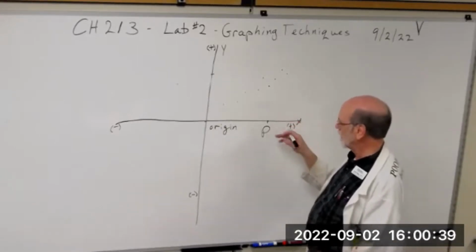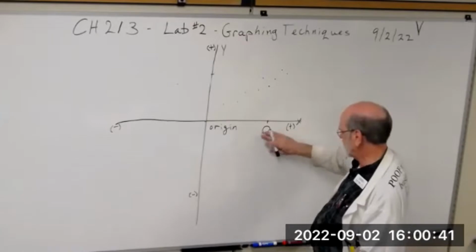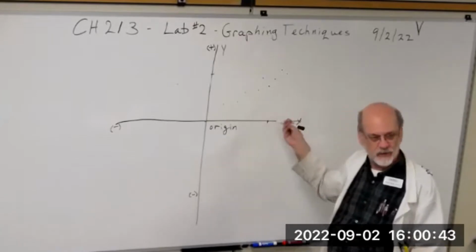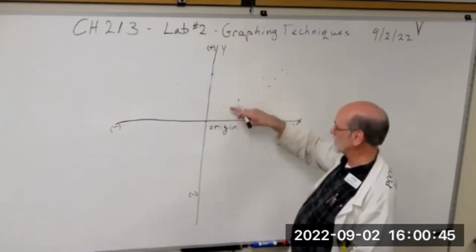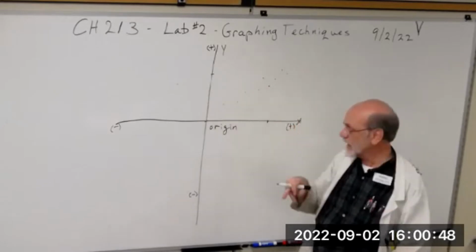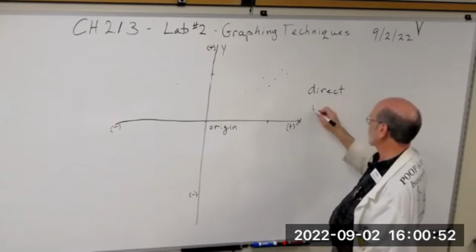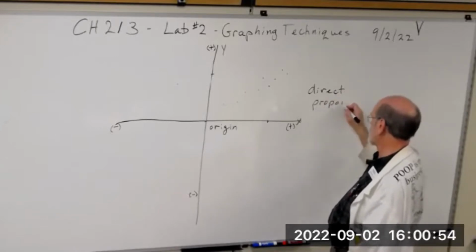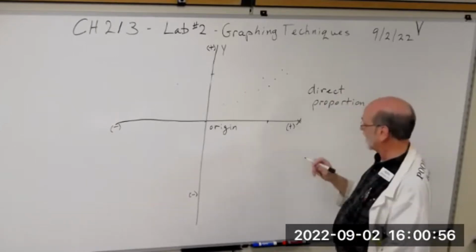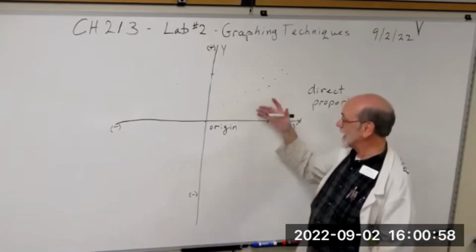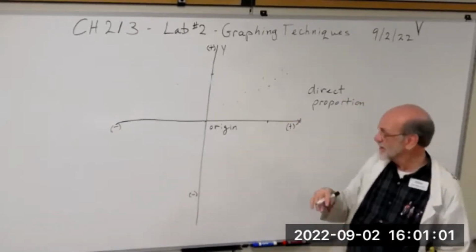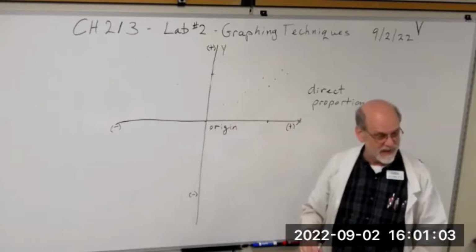So what do we have here? As X increases, Y also increases. Right? That's called a direct proportion. And in this case, maybe we think, that's pretty close to a straight line.